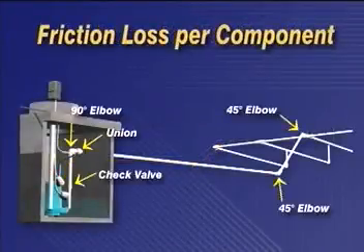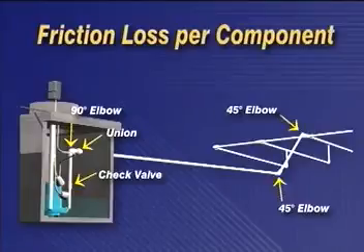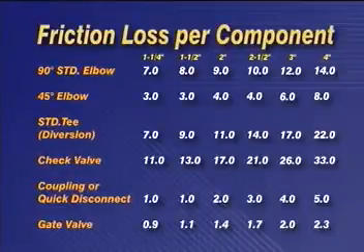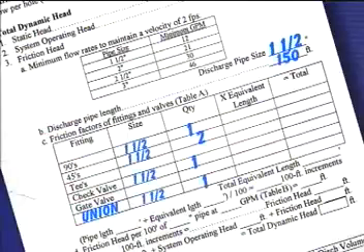Next, we have to convert the fittings, valves, and other components to equivalent length of pipe. As before, we refer to Table A of equivalent lengths through fittings in your work materials. In this system, we have one 90-degree elbow, two 45s, one check valve, and one union.